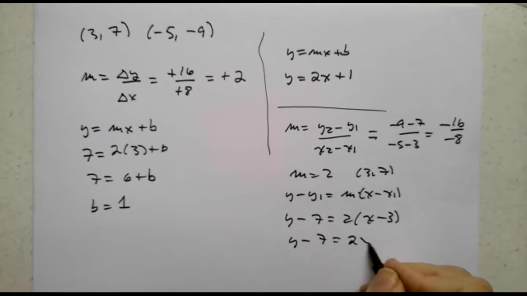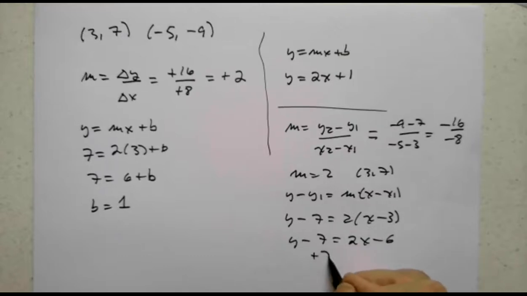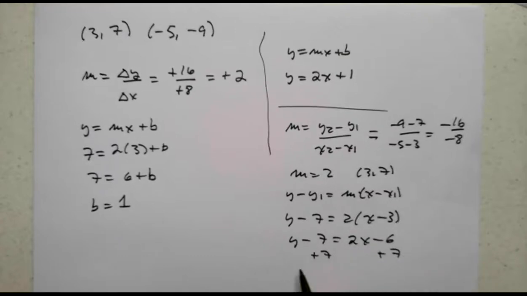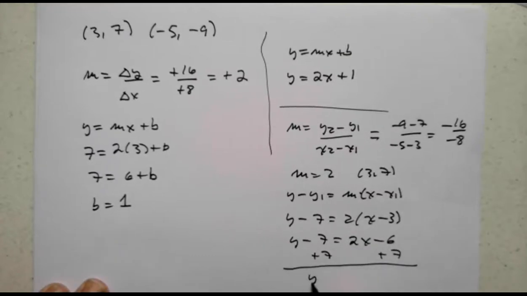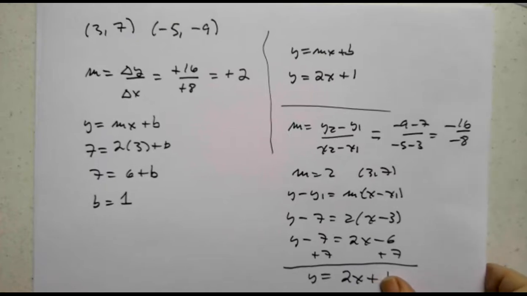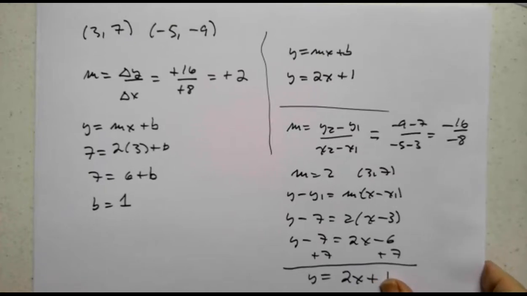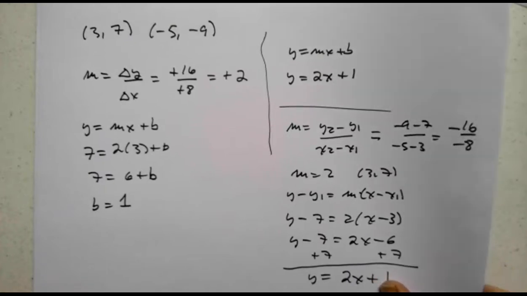Y minus 7 equals 2x minus 6, adding 7 to both sides. I get y equals 2x plus 1 in slope-intercept form. The advantage of slope-intercept form is that it is in function form, so we can graph it on a graphing calculator or such things. Okay, let's take a look at our next question.